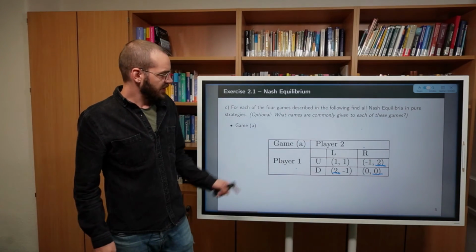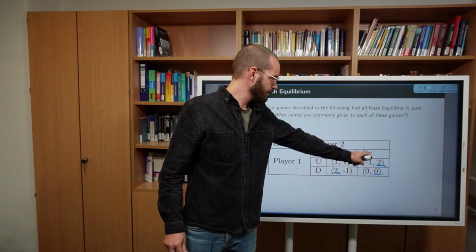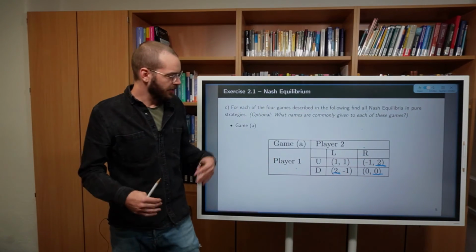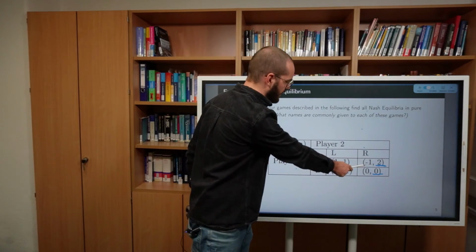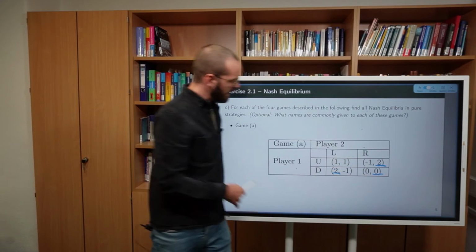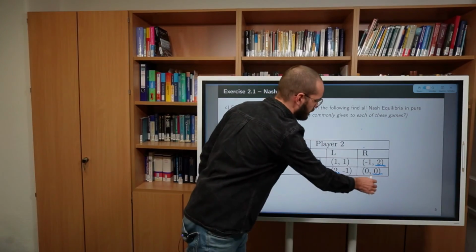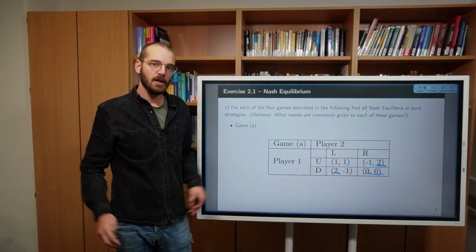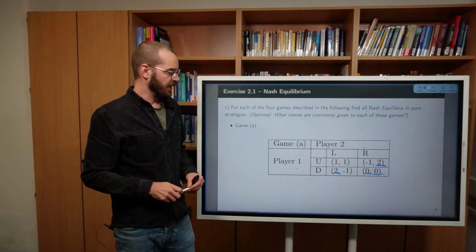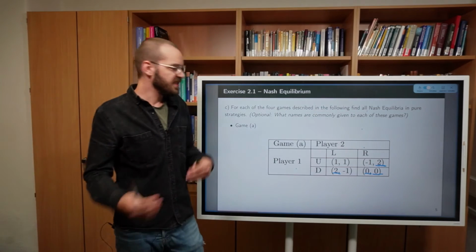Finally, let's consider the situation where player 2 chooses the strategy right. Now player 1 compares a payoff of -1 in case they are choosing up and a payoff of 0 in case they are choosing down. Obviously 0 is larger than -1, so the best response of player 1 towards a strategy R of player 2 is to play down.